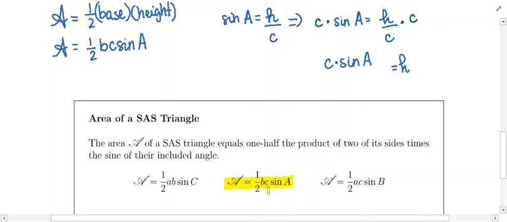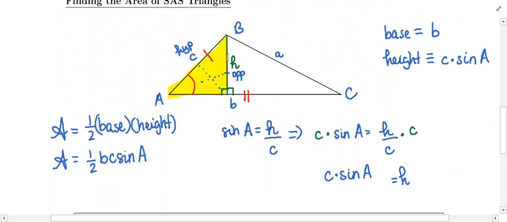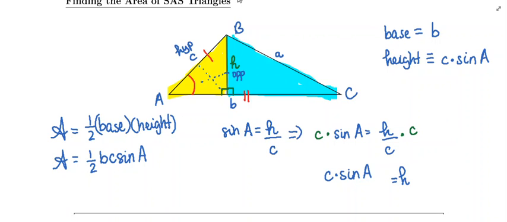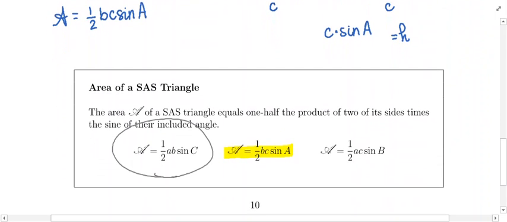Okay, we came up with this formula because we concentrated on this right triangle that involved angle A, but you could redo what I just did and use this triangle over here. Here you would be focusing on angle C, so this would produce this formula down here, the one with C. Okay, so there are 3 different formulas because there are 3 different angles.